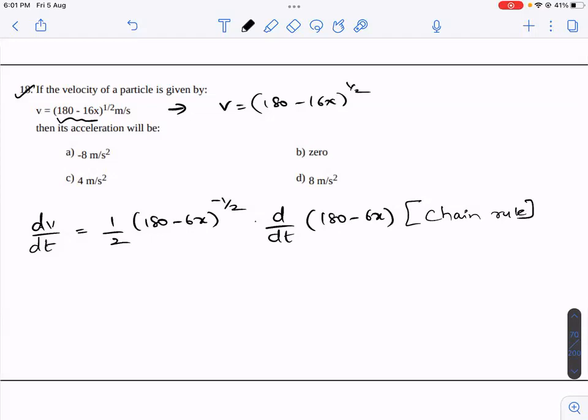Okay. There's 16, not 6. So it is half into 180 minus 16x, the whole power minus half, into d by dt of 180 minus 16x. Tell me.